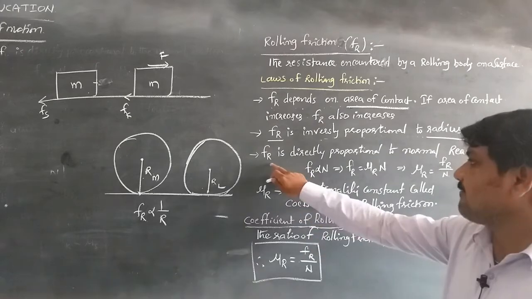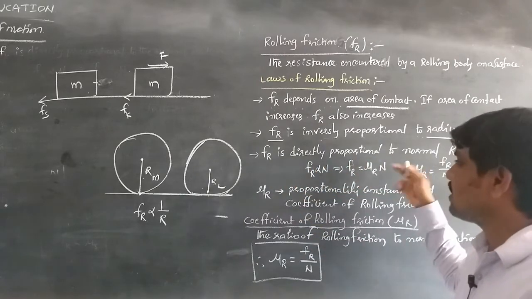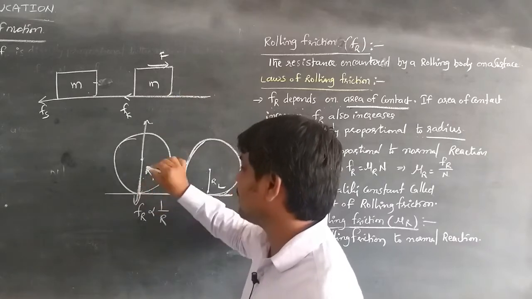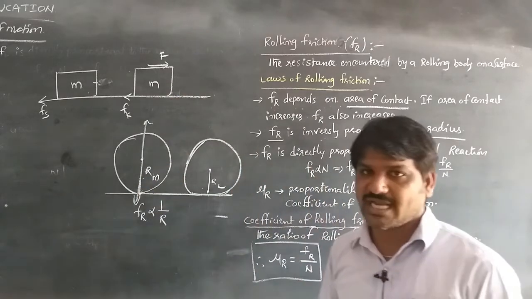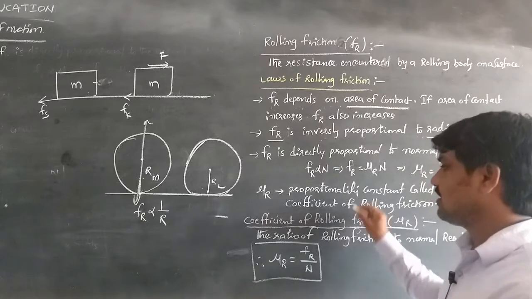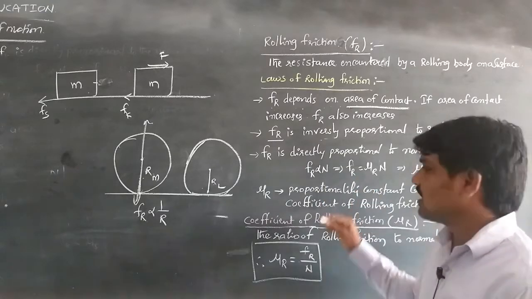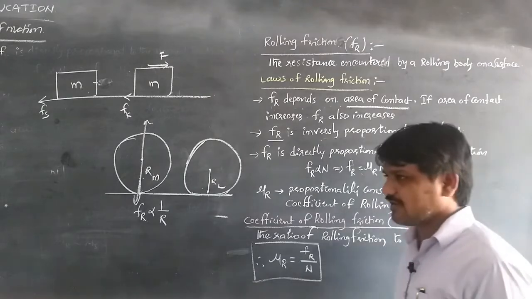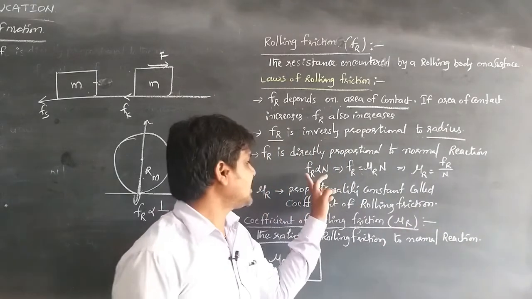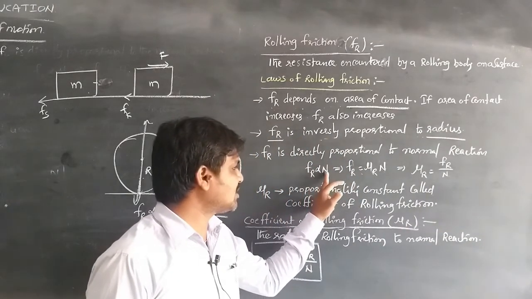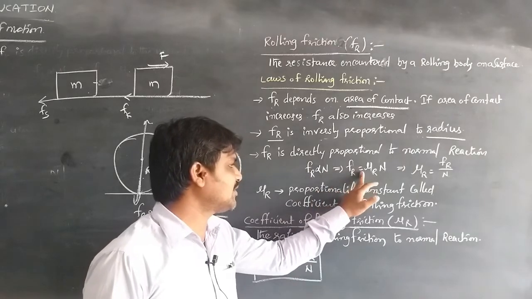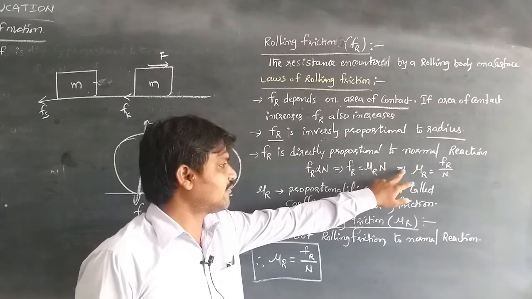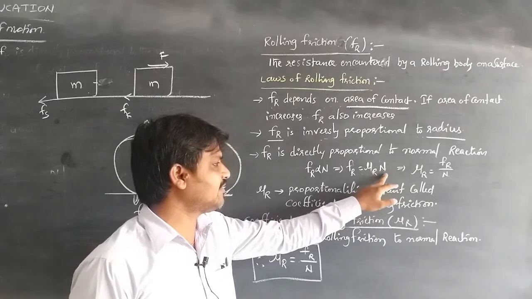Then Fr is directly proportional to the normal reaction. We know that whatever normal reaction acts, the same amount of frictional force acts on the body. From that equation we get that Fr is proportional to N, Fr is equal to mu R N, so mu R is equal to Fr by N. It means the rolling friction is directly proportional to the normal reaction. By removing the proportionality we get the proportionality constant mu R times the normal reaction.